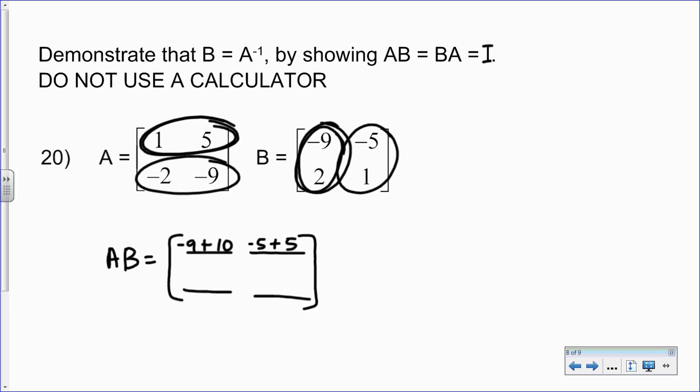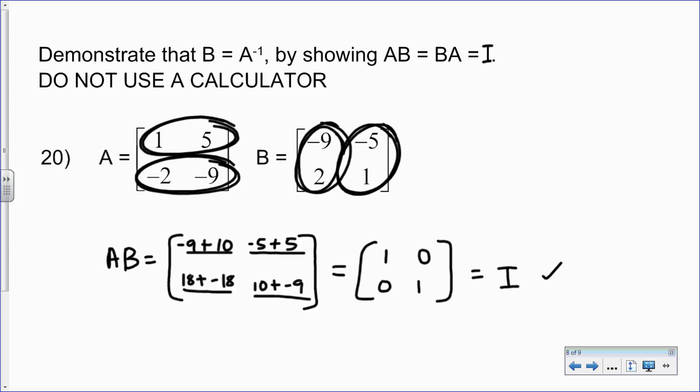So -2 times -9 is 18, plus -9 times 2 is -18. Second row, second column would be 10 plus -9. Okay, simplify that. So -9 plus 10 is 1. -5 plus 5 is 0. 18 plus -18 is 0. 10 plus -9 is 1.